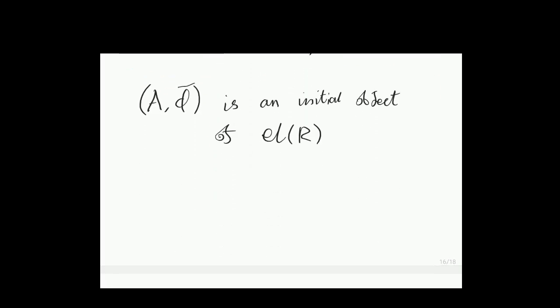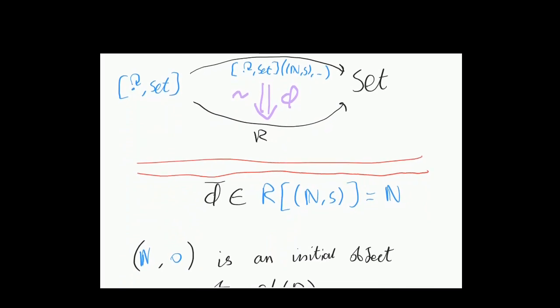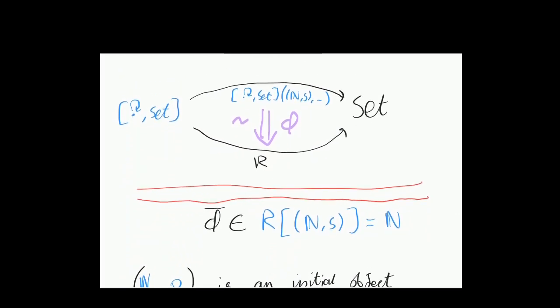Well, we have this picture. R is the forgetful functor and A is our natural numbers dynamical system, so R of A in this case is just the set of natural numbers. It turns out that the element of R of A which corresponds to this natural transformation is actually the special element of our natural numbers, which is 0.